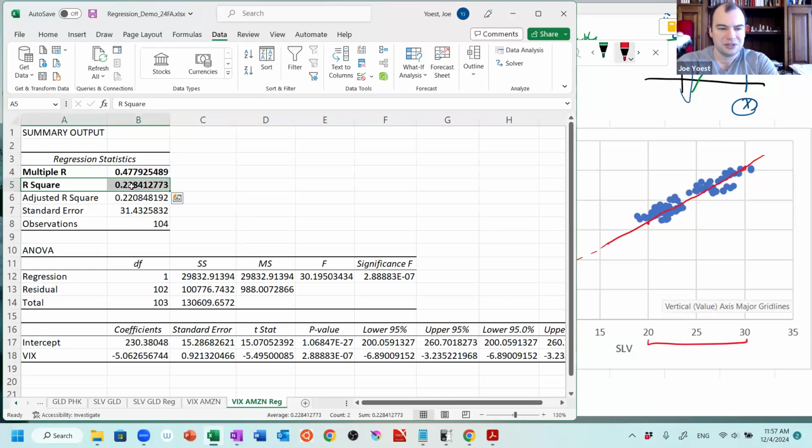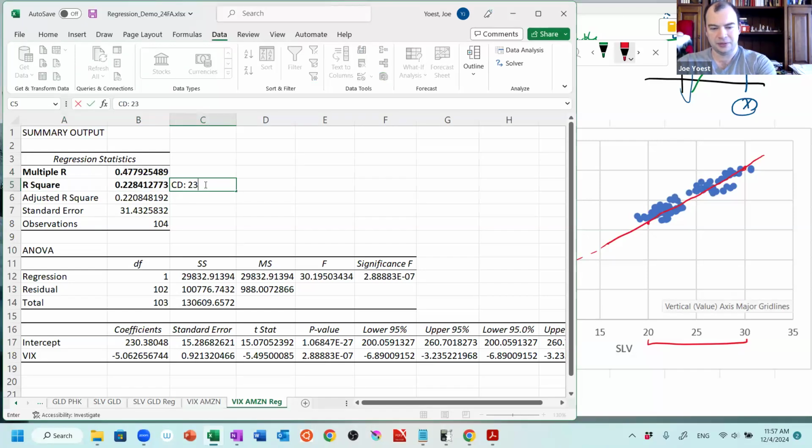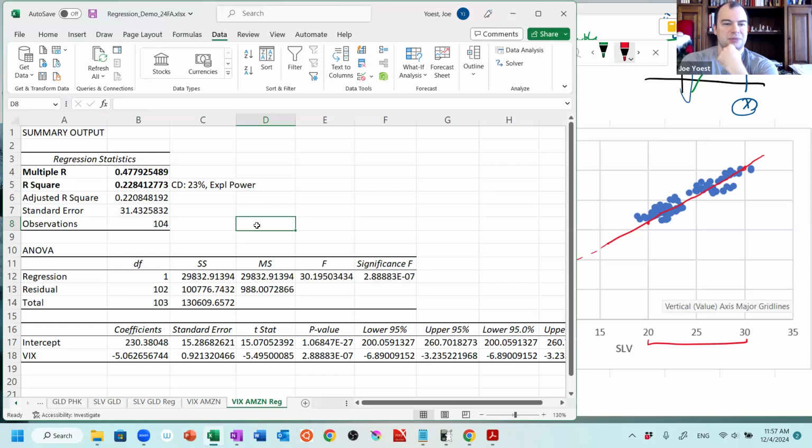And I see this isn't such a great model, right? My coefficient of determination is about 23%. That's my explanatory power. My Amazon stock price is only something like a quarter explained by looking at the behavior of the volatility index.